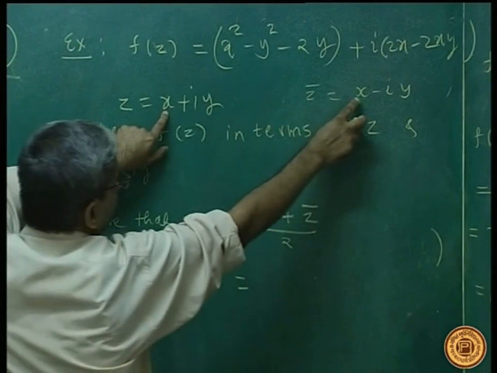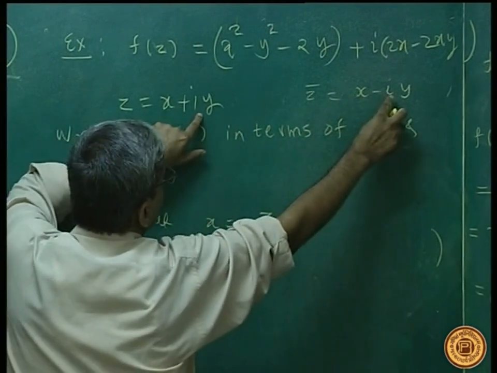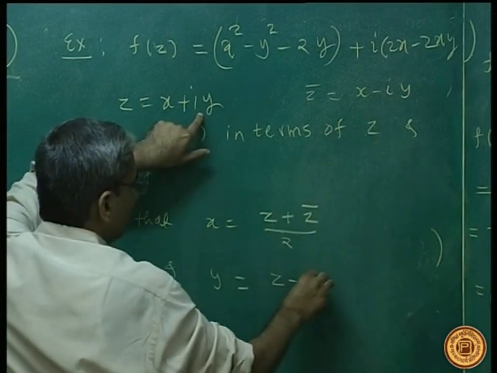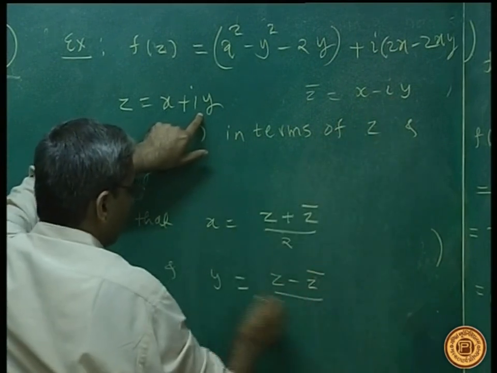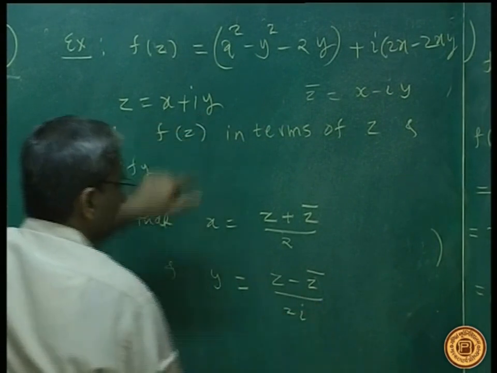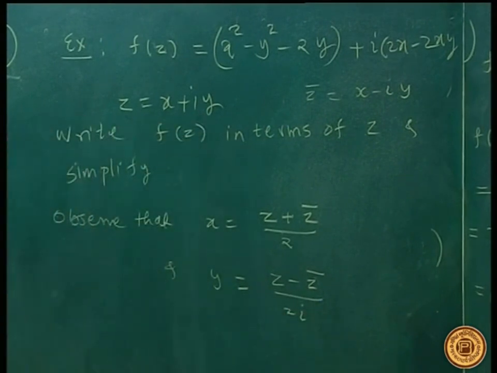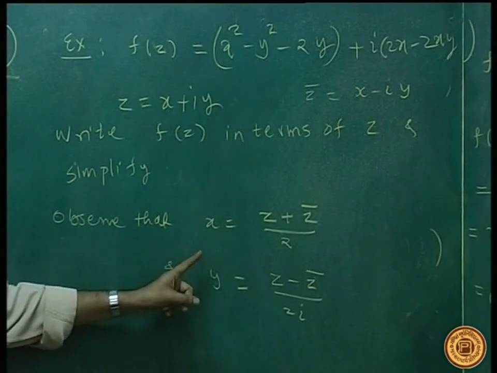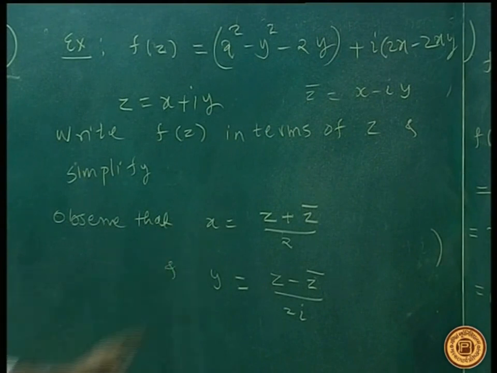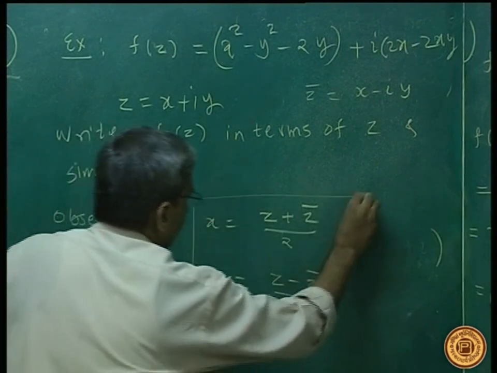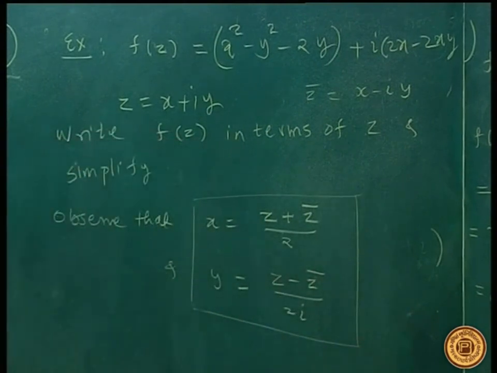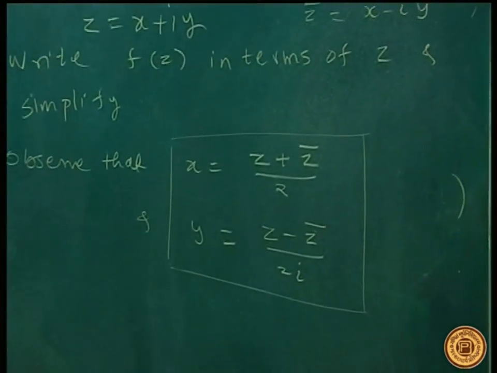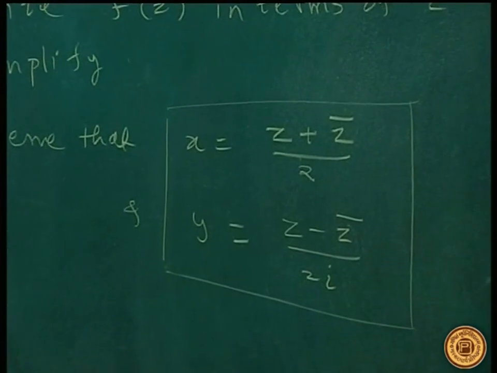In z minus z bar, x will get cancelled. So iy plus iy, 2iy. So z minus z bar will be 2iy, but we want y, so upon 2i. These formulae are important, remember. x is equal to (z plus z bar) by 2 and y is equal to (z minus z bar) by 2i.